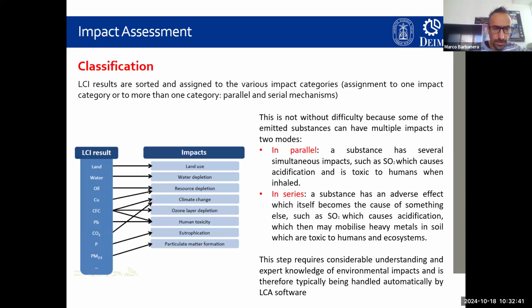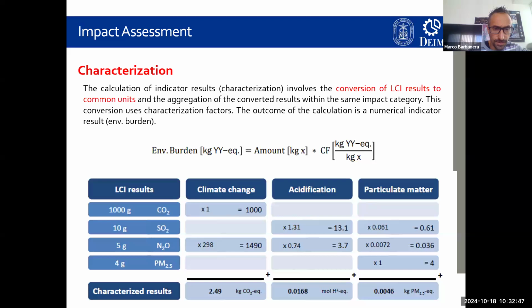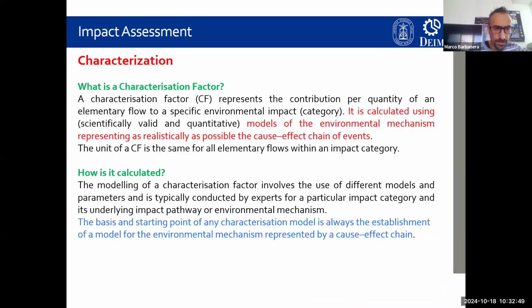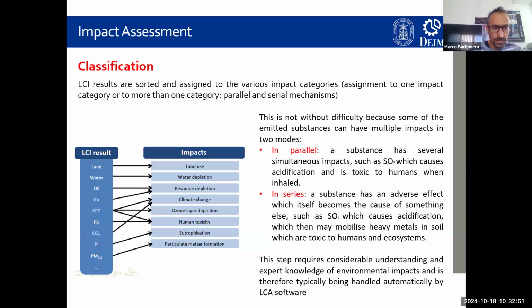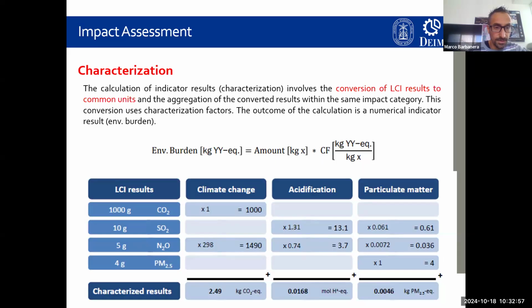And so in the last lesson we arrived at this point, where we have seen an example about the characterization step.